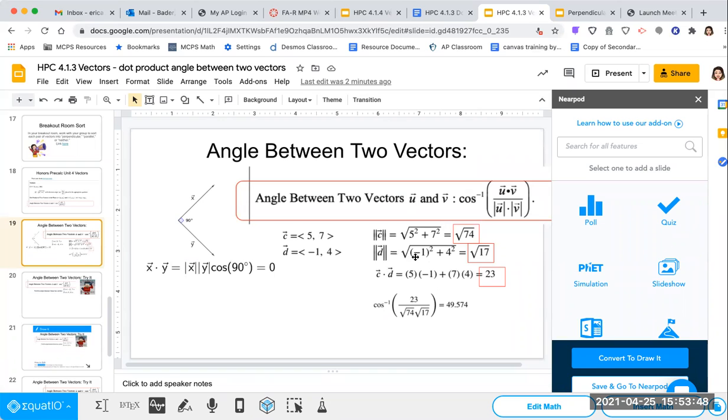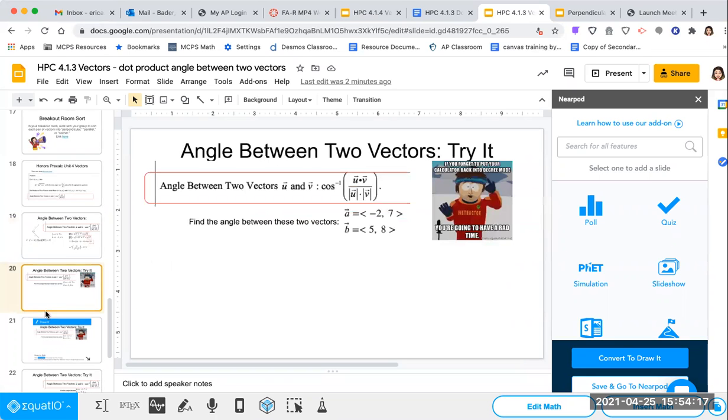Magnitude of D, again, Pythagorean theorem or distance formula, square root of 17. And then the dot product, which we just learned how to do today, 5 times -1 plus 7 times 4, which ends up being 23. And then our formula is inverse cosine of 23 over root 74 times root 17, which is approximately 49.574 degrees.